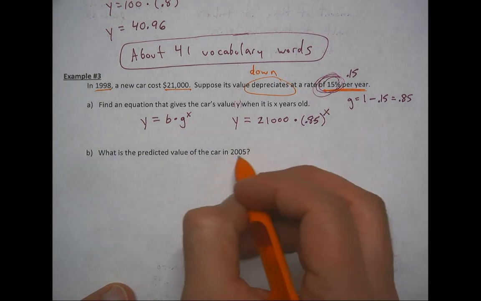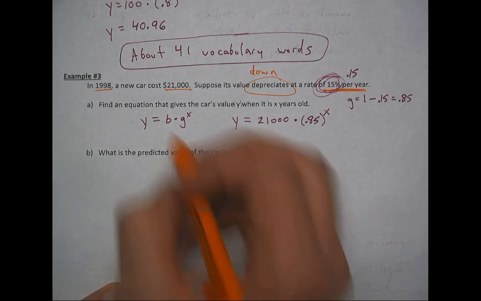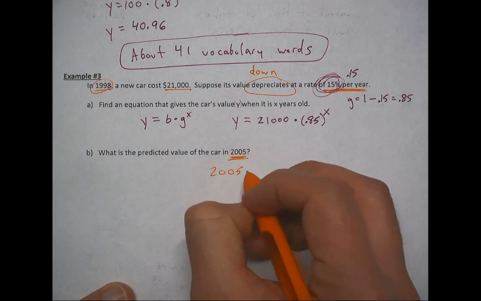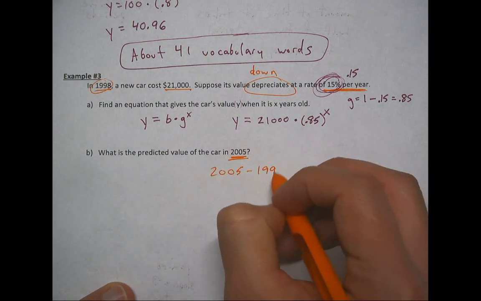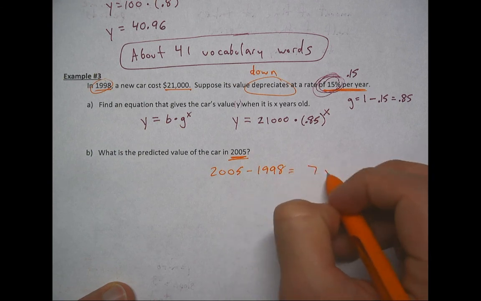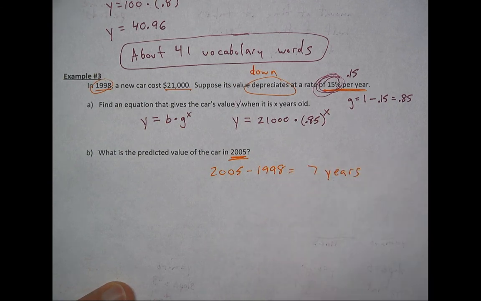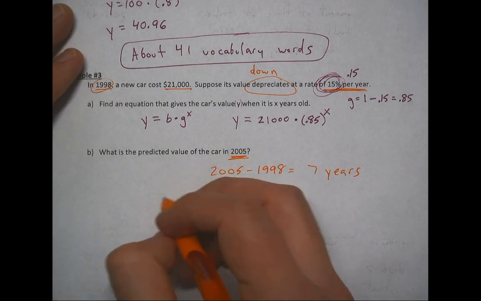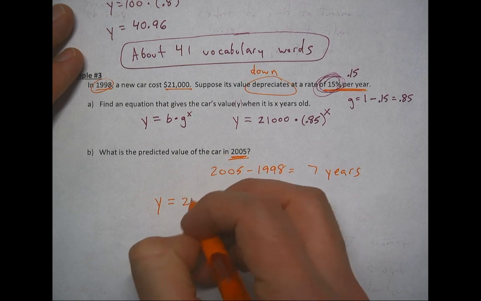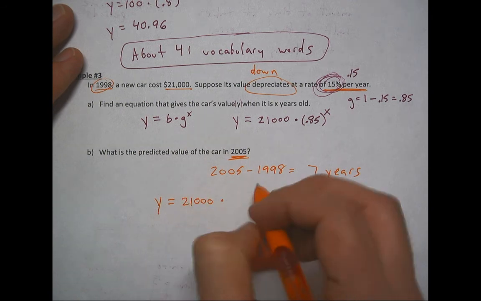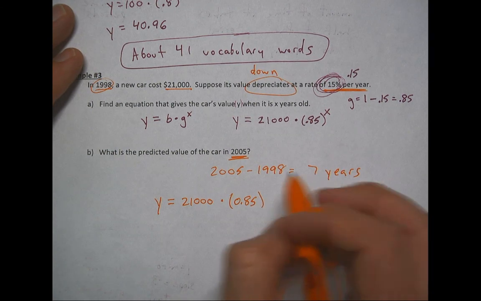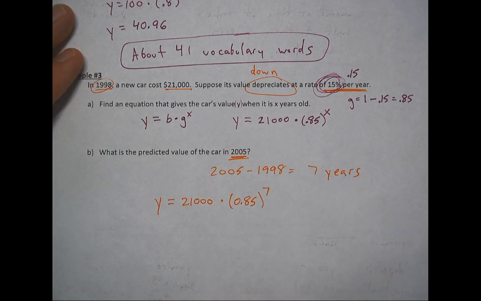What's the predicted value of the car in 2005? Well, this started in 1998. So 2005 minus 1998, that's 7 years. Okay, so we're just using this formula to figure out what's going to be the new value of the car 7 years later. So you're starting off with y equals 21,000, 85% of the price every single year over 7 years.